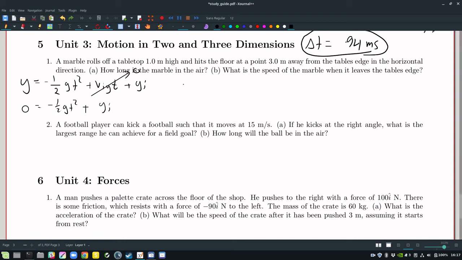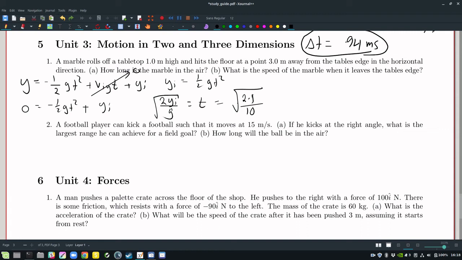So what this shows is that y initial is equal to 1/2 g t squared, or t squared is 2 y initial over g, and we take the square root. That yields the time, which will be the square root of 2 times the height of the table, which is 1 meter, divided by approximately 10.